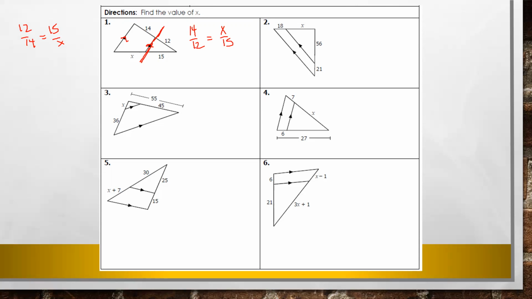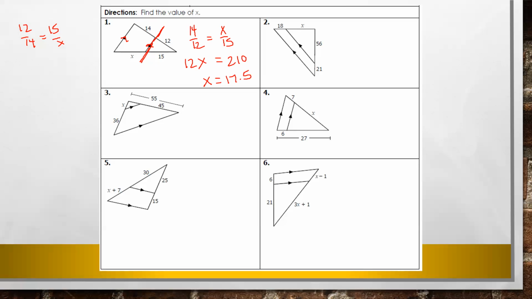Either way, when you cross multiply, you get 12 times x and 14 times 15. And 14 times 15 is 210. And of course, divide both sides by 12, and x is 17.5. Okay, so if you see parallel lines, it is splitting your triangle sides proportionally.